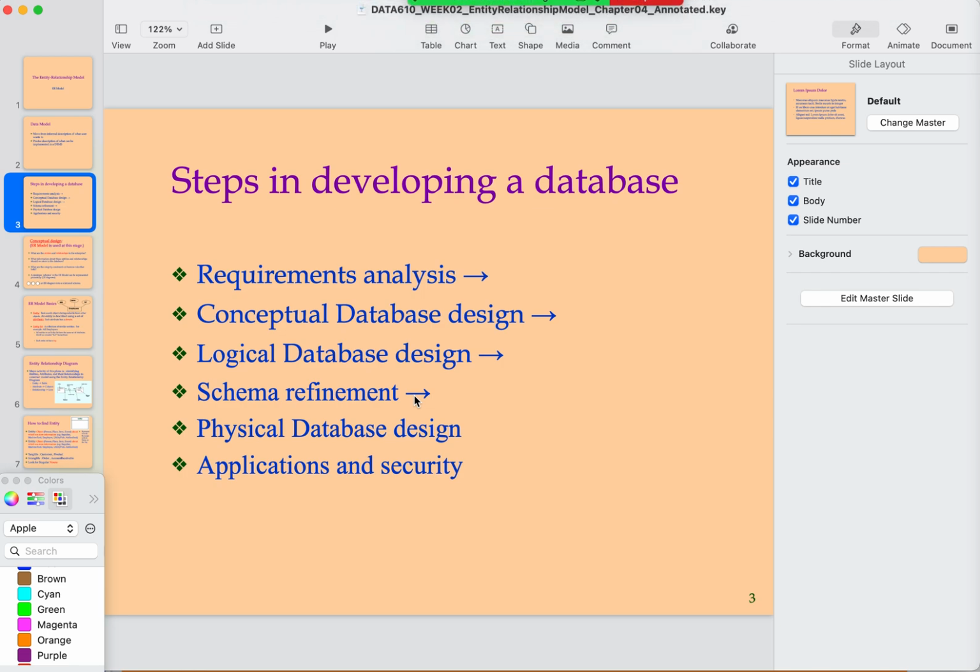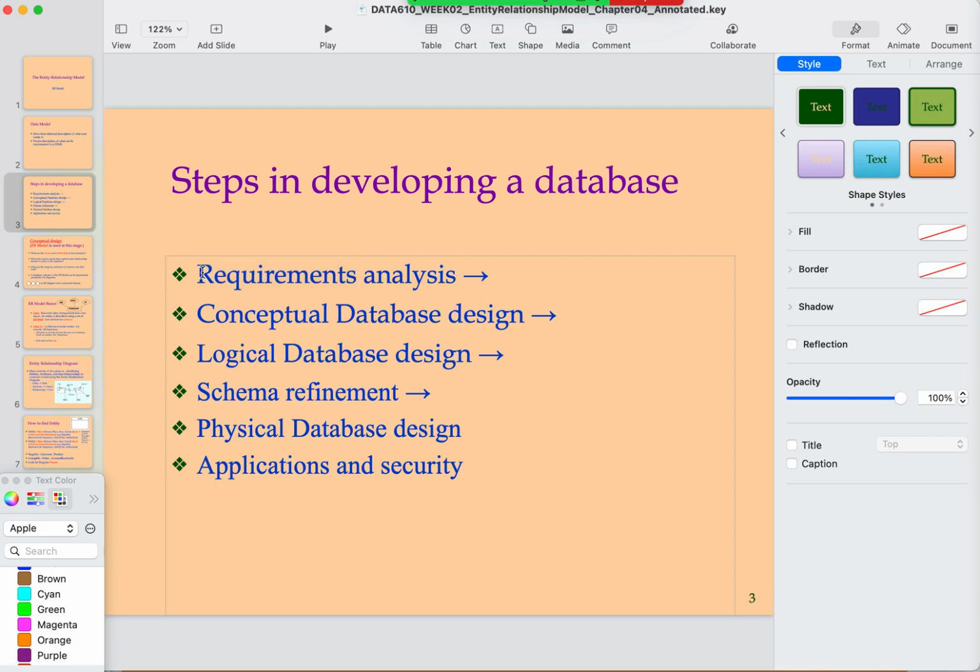There are several steps in developing a database. The first step is requirement analysis. That is what the user wants to accomplish. Then we have the conceptual database design. So here we can determine what are the entities and if there are relationships between them.